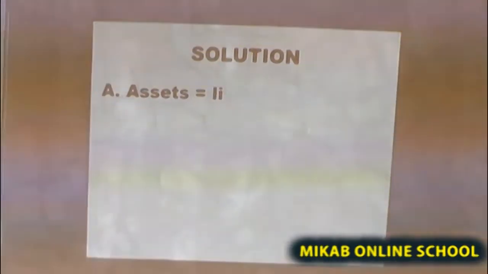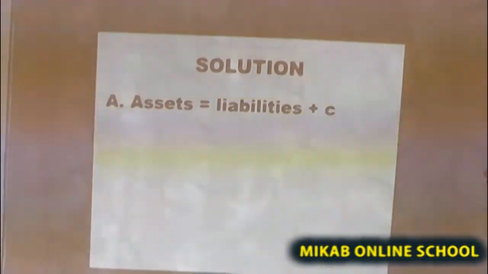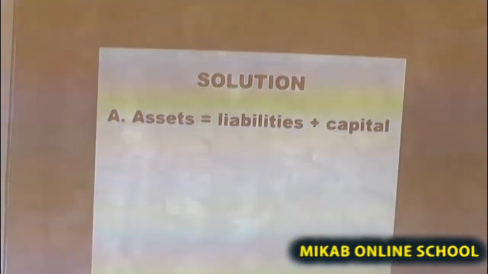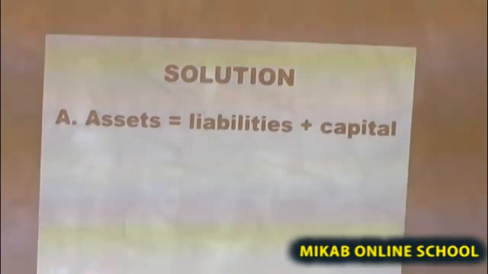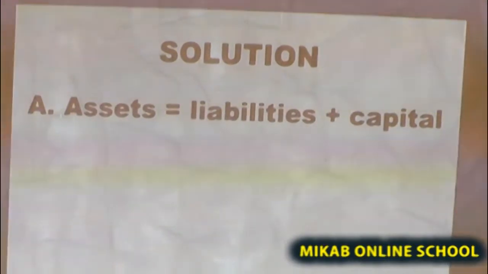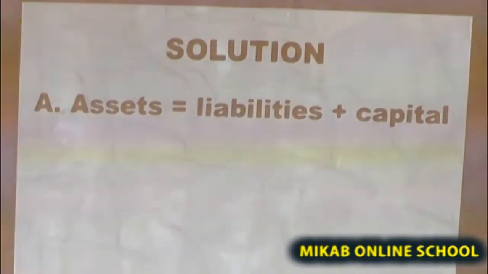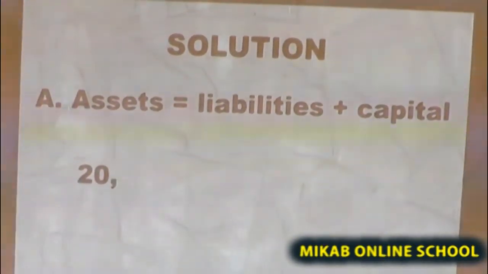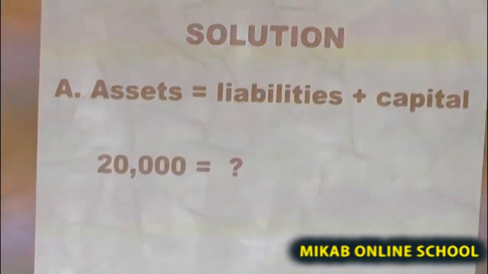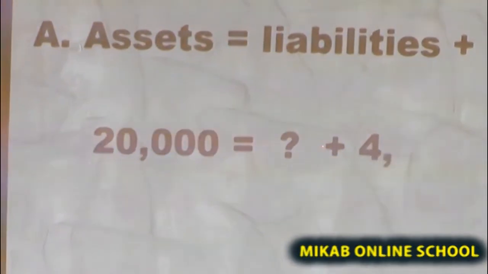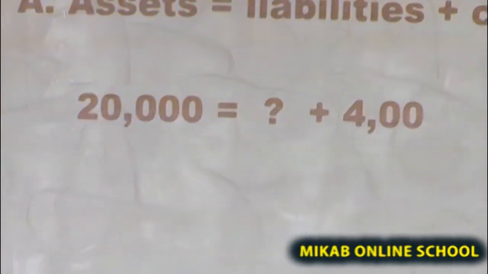We see the solution. Don't forget that in this case, you are going to start with your formula again, which is assets equal liabilities plus capital. In our table we have assets to be 20,000, liability is not given, then capital is given to be 4,000 naira.